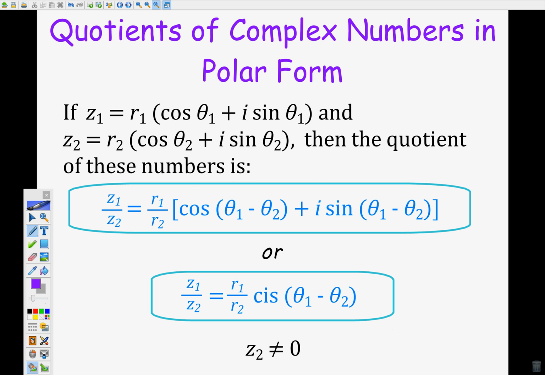Our quotient rule is very similar, except this time, if you notice, instead of multiplying the radii, we're going to divide them. And instead of adding the angles, we're going to subtract them. And notice z2 cannot equal 0 because, right, you can't divide by 0. You cannot have 0 on the bottom part of a fraction.